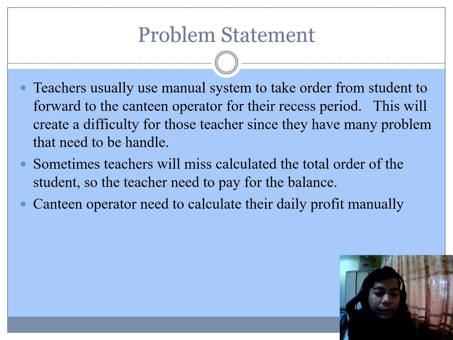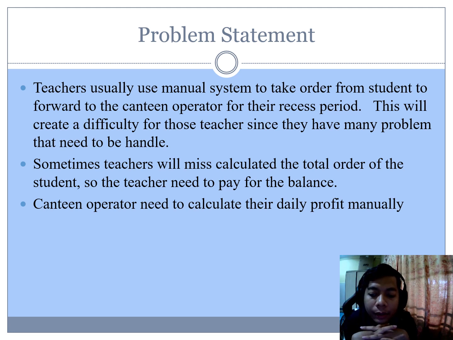Problem statement. Nowadays, COVID-19 is one of the dangerous viruses that has spread throughout the world. Along with the government urging safety measures against this disease, some common problems occur, one of which is taking these safety measures at school. Teachers usually use a manual system to take orders from students and forward them to the canteen operator for their recess period.